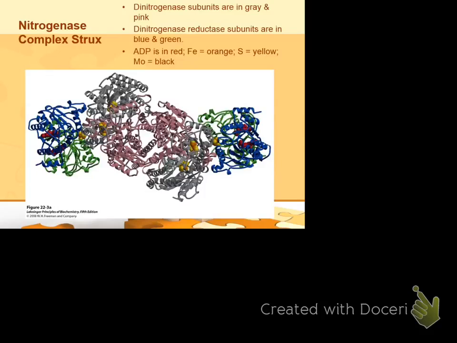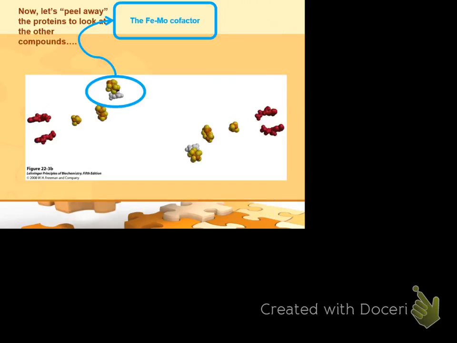ADP is in red, iron's in orange, sulfur yellow, molybdenum in black. And so I'm going to peel away the proteins in just a moment, so that way you can see the way that the metals line up. So there we go. That's the iron molybdenum cofactor.